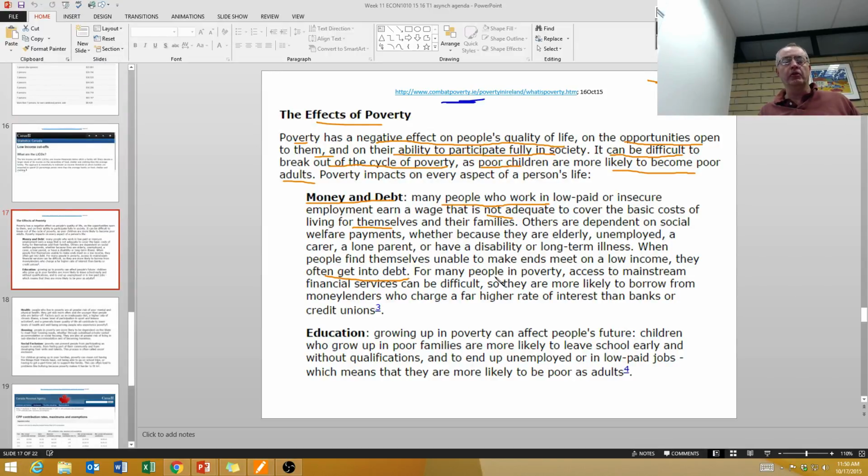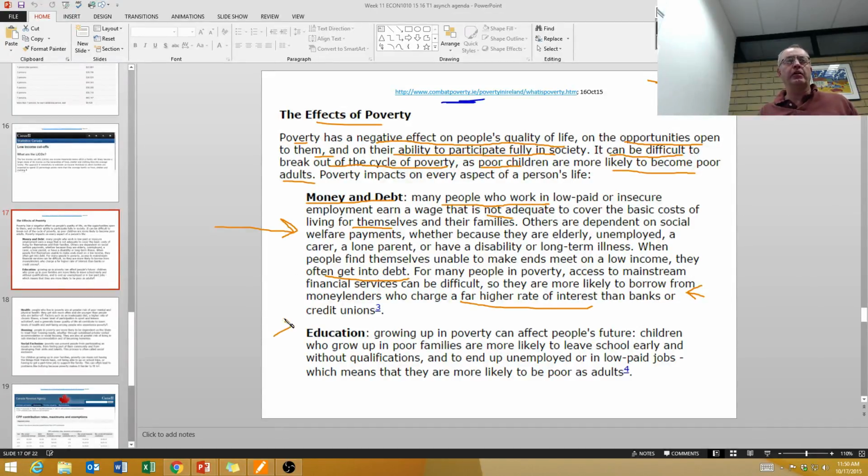And if you borrow money when you don't have a high-paying job, then you're probably going to pay a higher interest rate than if you did have a good-paying job. So if you're poor and you borrow money, you're probably digging yourself further into the ground because you're paying a high interest rate.